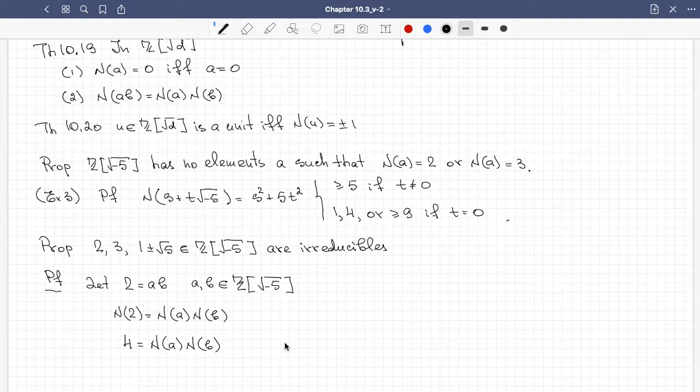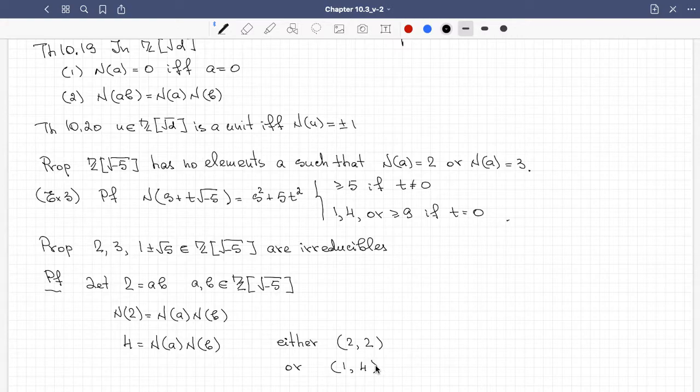So either these two integers, norm of A and norm of B, are 2 and 2, or (1 and 4).